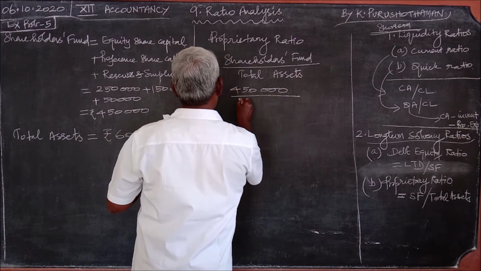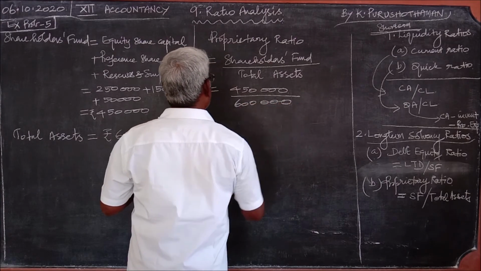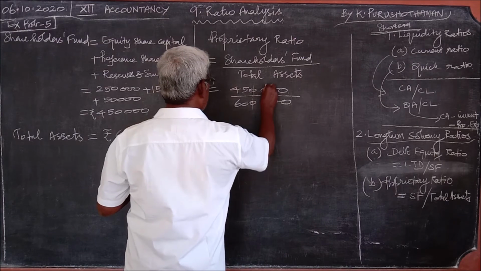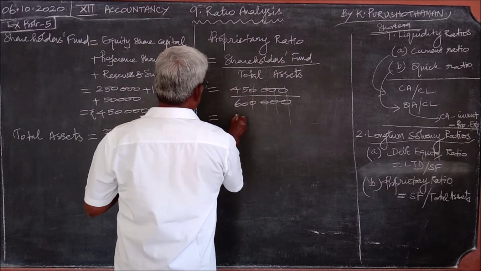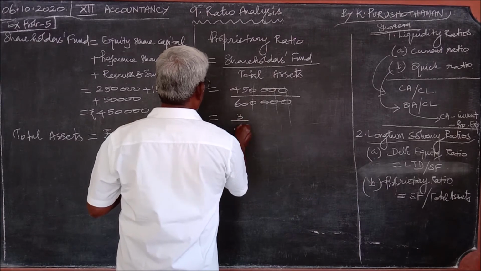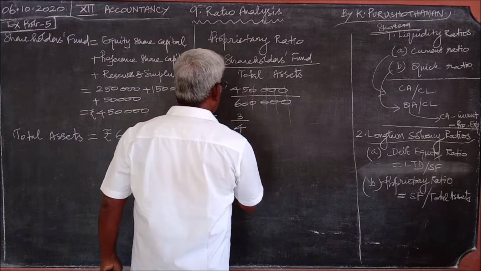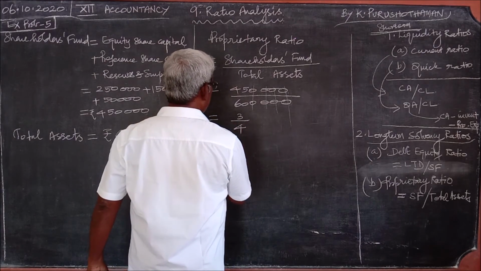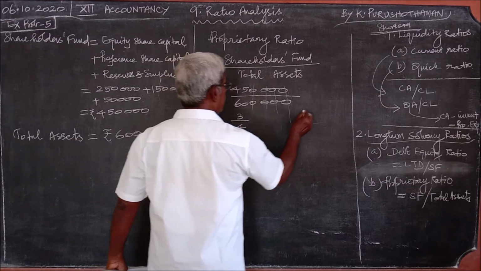Total assets 6 lakhs. And you can cancel these 4 zeros. Then 3 15s are 45, 4 15s are 60. Then what I said, what you must do, you take the denominator number and divide both numerator and denominator by that number.